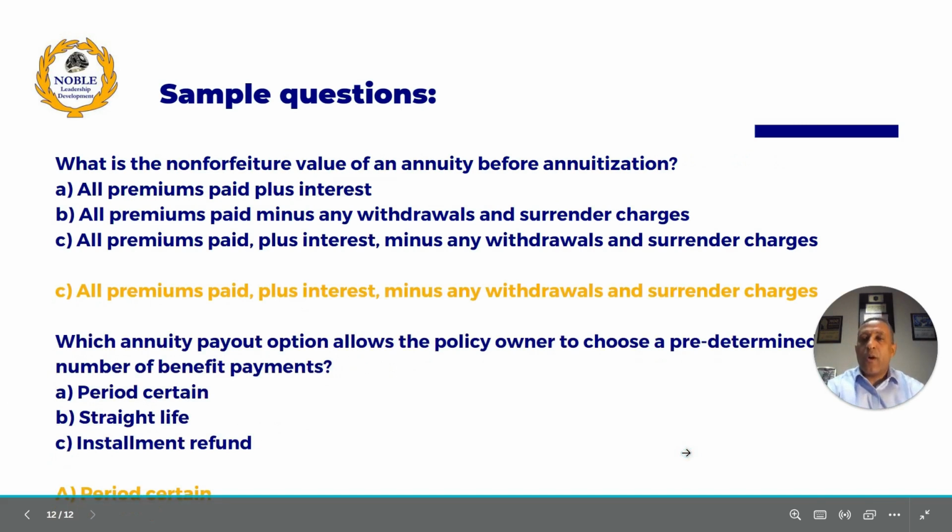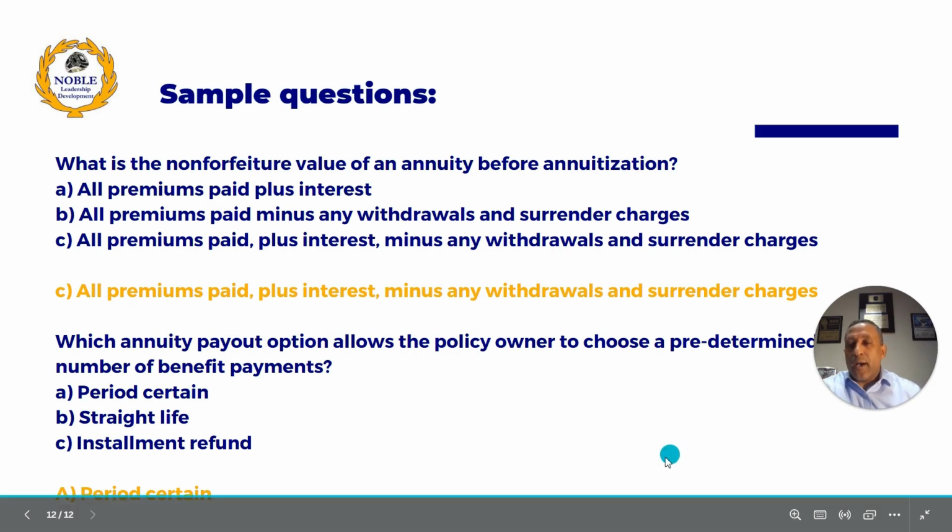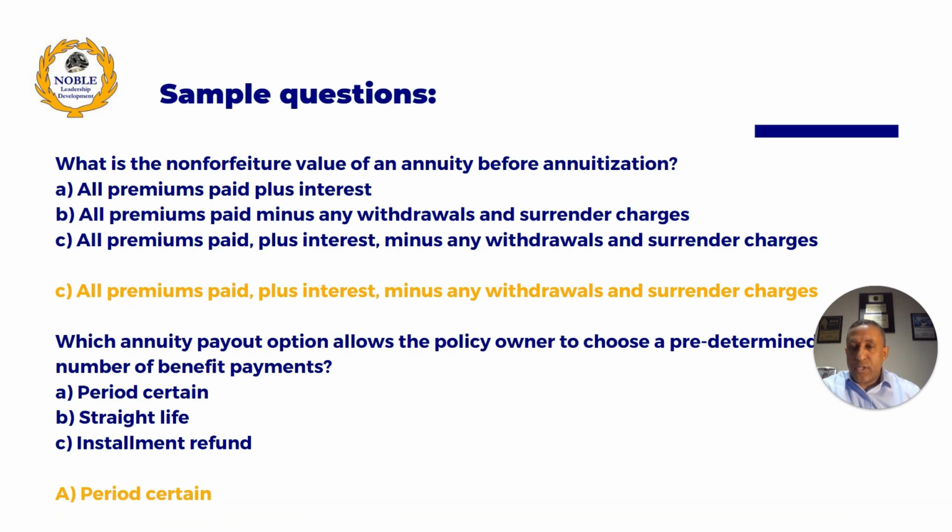Last questions. What is the non-forfeiture value of an annuity before annuitization? Before annuitization, it is the accumulation period. A, all premium paid plus interest. B, all premium paid minus any withdrawals and surrender charge. C, all premium paid plus interest minus any withdrawals and surrender charge.